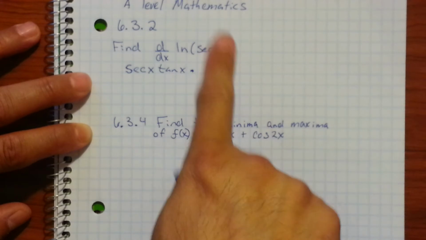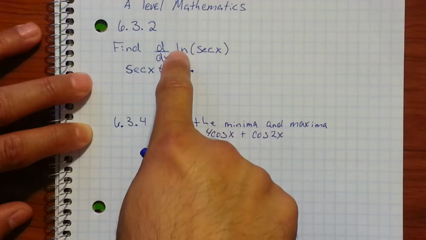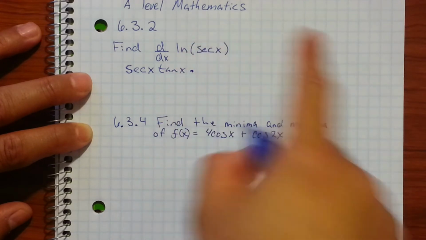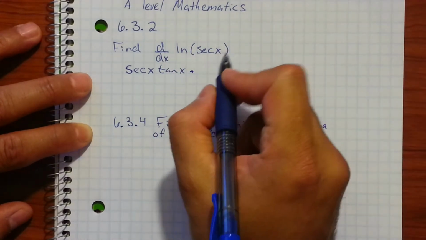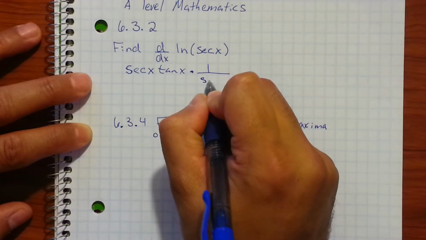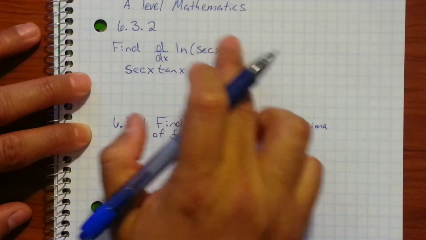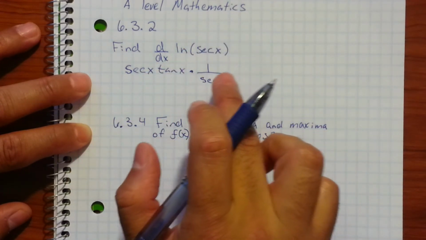So now think of this as just all one thing right here. If this was just x by itself, the derivative of ln of whatever I have there is going to be 1 over secant x. So we're just taking the derivative of that with respects to this inside here.